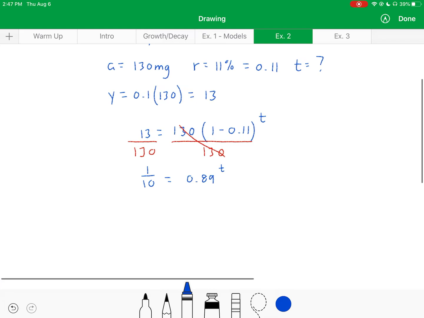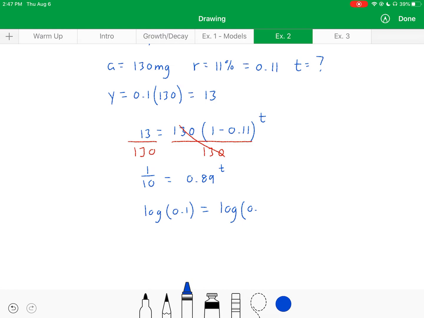It doesn't really matter. All right, so at this point, I'm going to use a common logarithm. I'm going to take common log of 1/10, or how about we rewrite that as the common log of 0.1 equals the common log of 0.89 to the power of t. Now apply a power property.